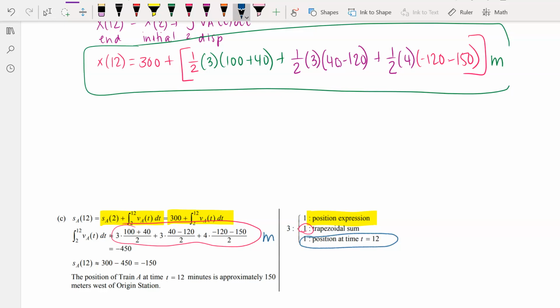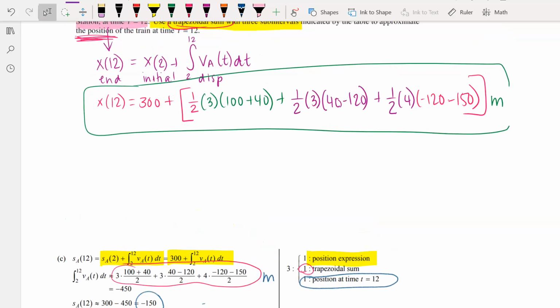And they simplified. It looks like they got negative 150, which means that they were going west instead of east. So the position of the train is approximately 150 meters west of the original station.